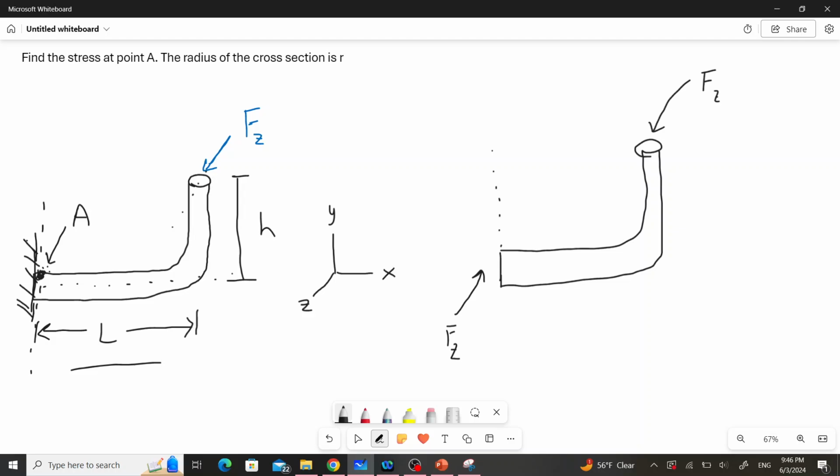Here at our reaction, we're going to have a moment about that y direction, and it'll be in the opposite direction of our applied moment.